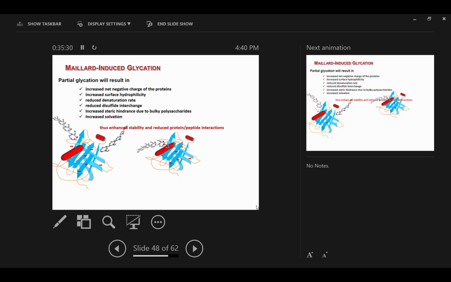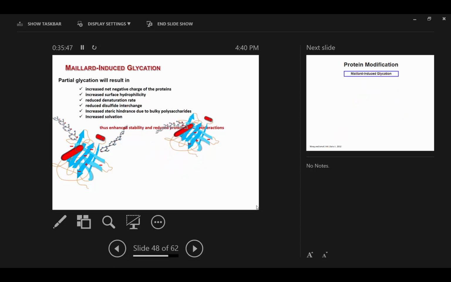Great. By doing that, you have more charge, more surface hydrophilicity, and the denaturation temperature will be higher. It will resist denaturation. And then because you have these bulky groups, there's steric hindrance. They will repel each other because of the hindrance of these bulky groups, so you don't get disulfide interchange.